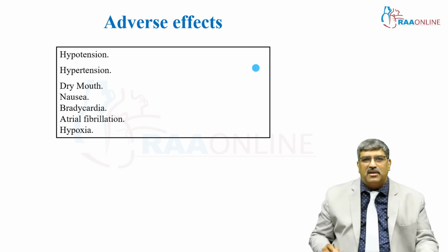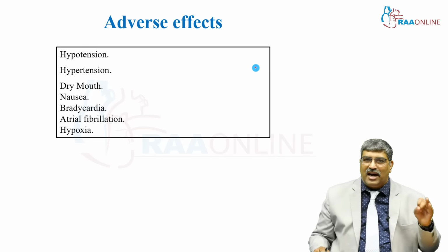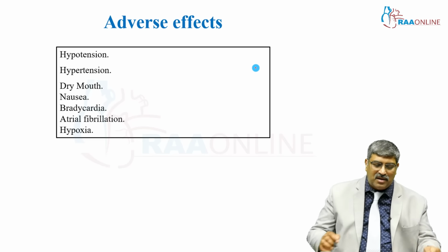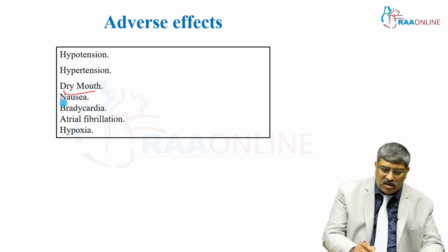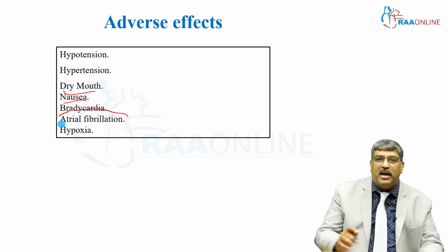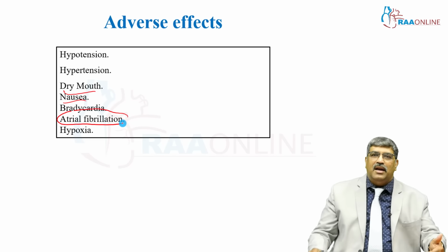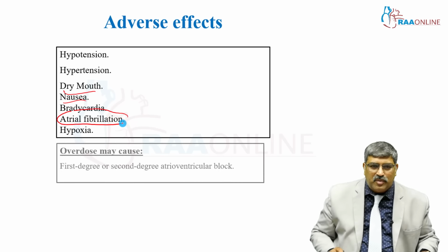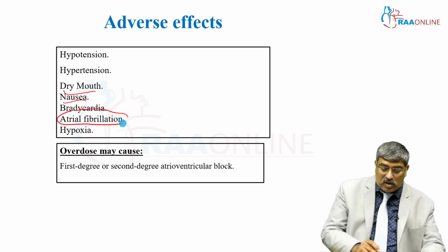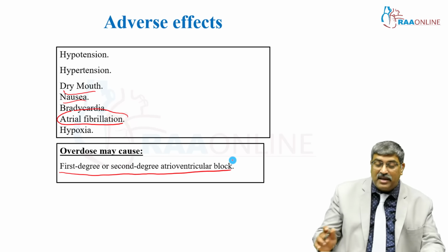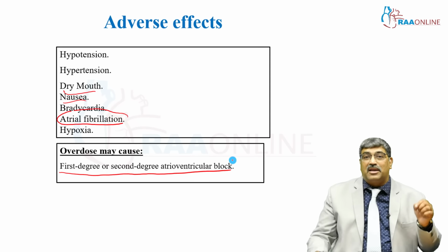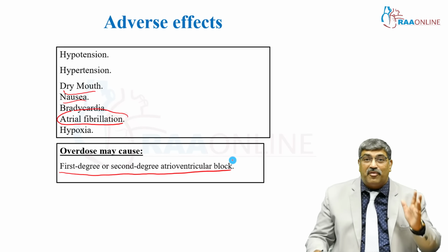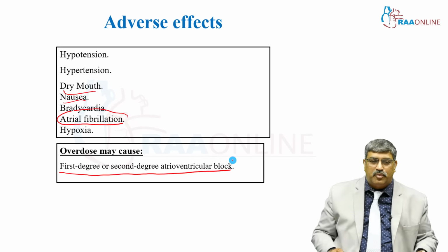Coming to adverse effects, can be hypotension, hypertension, bradycardia, dry mouth, nausea, and sometimes atrial fibrillation and hypoxia can happen with dexmedetomidine. Overdose can cause first degree or second degree AV block, which might be troublesome in an anesthesia for electrophysiological procedure.